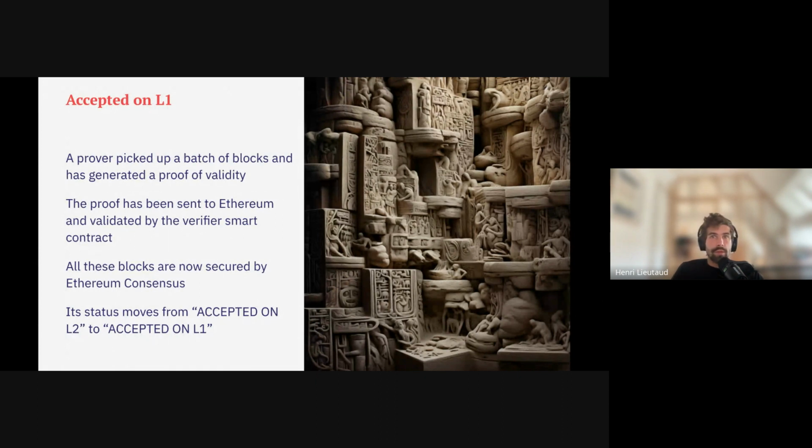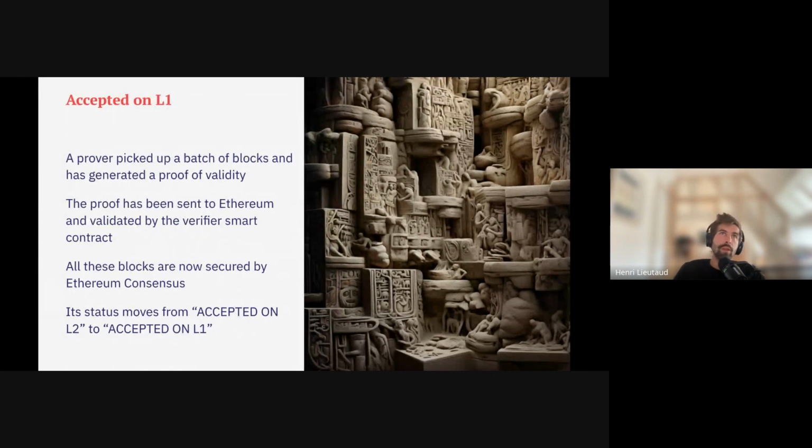Verified on Ethereum means that the proof is sent to a smart contract on Ethereum, and if the proof is valid, the smart contract says, yes, it's valid. That means that at this point, your transaction, which was part of this block that has been proven, is part of the state of Ethereum, and it is now protected by L1 consensus.